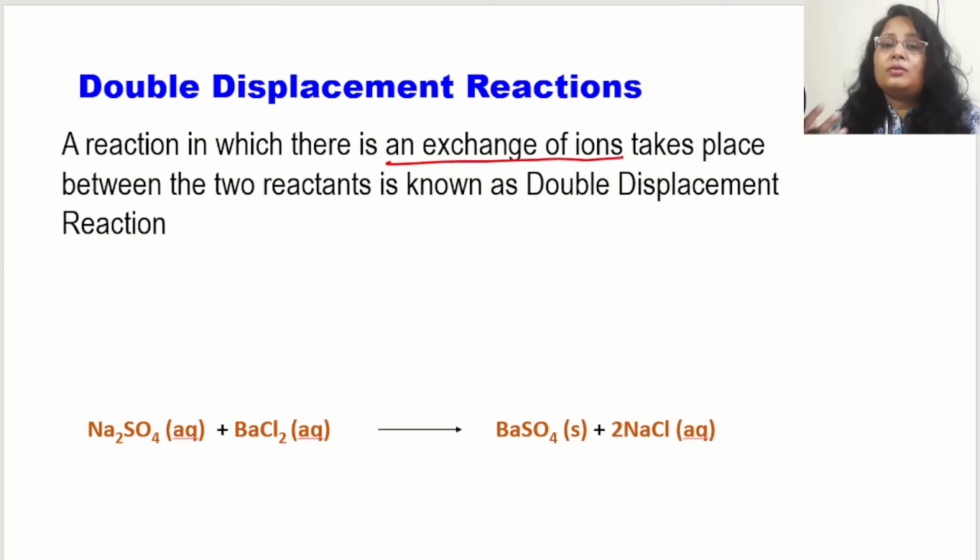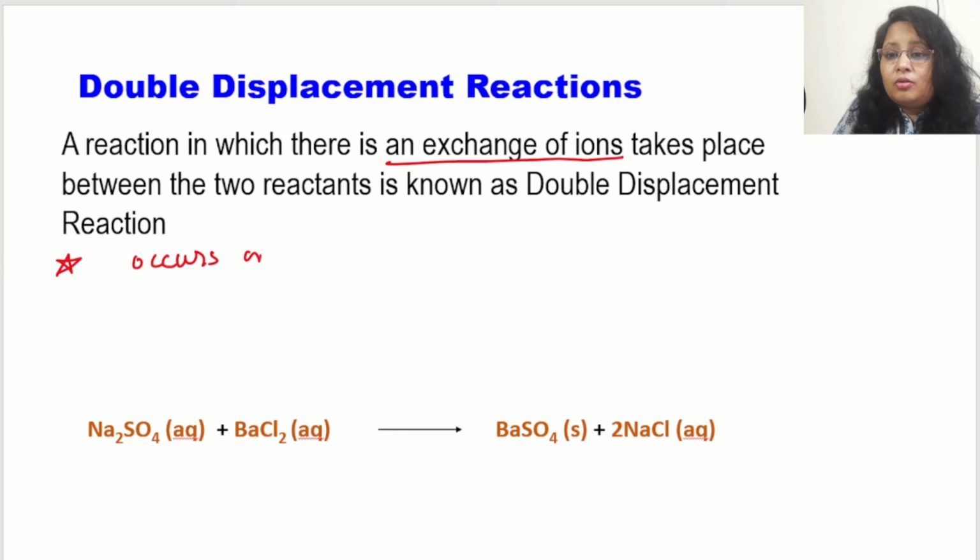Two compounds in aqueous form, if we add both together, the ions take the place of the other compound and they exchange their ions. So the point to be noted is, first of all, this type of reaction occurs only in aqueous solutions.